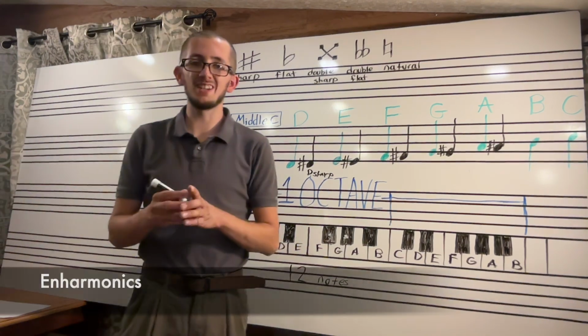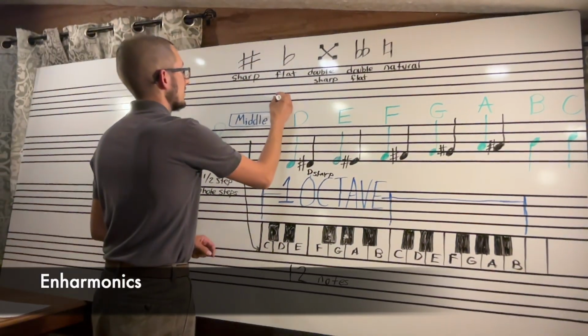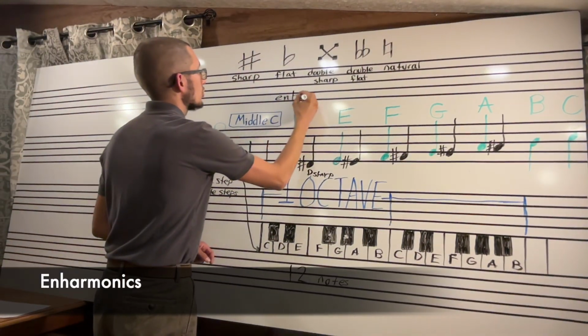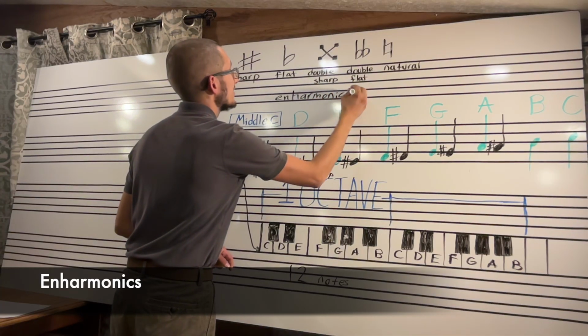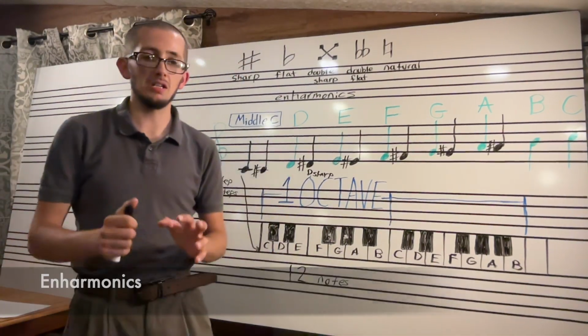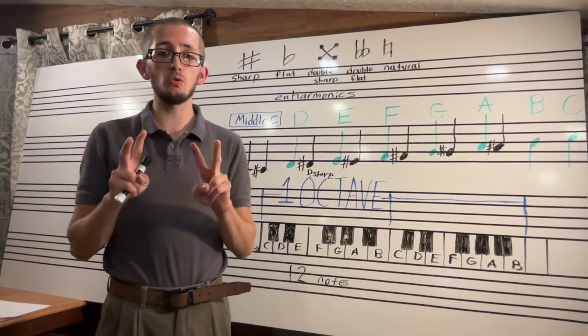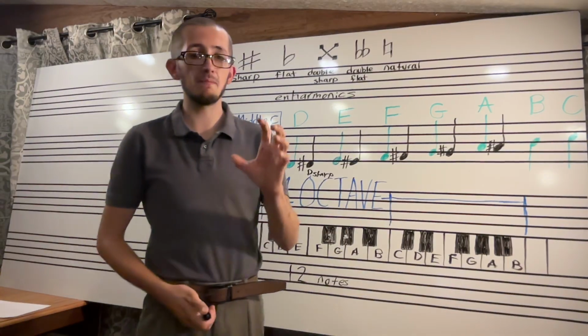All right, here's where we get into enharmonics. Enharmonics, it's spelled E-N-H-A-R-M-O-N-I-C-S. Enharmonics is when you have 2 names for a pitch that is referring to the same pitch.